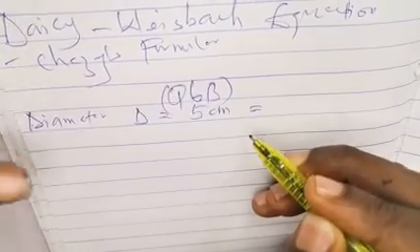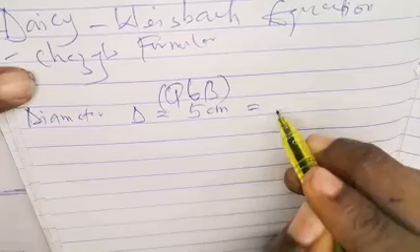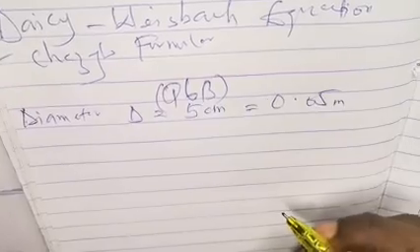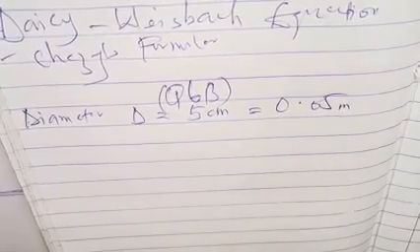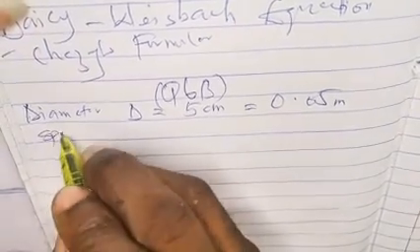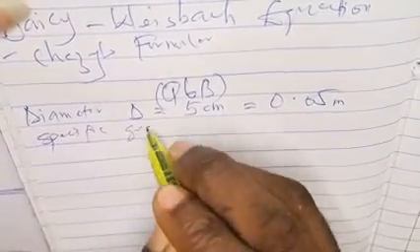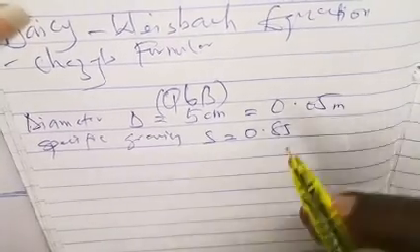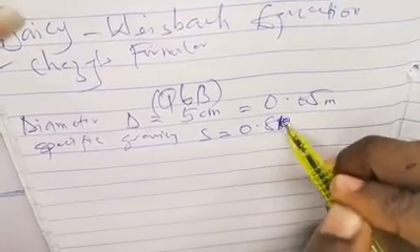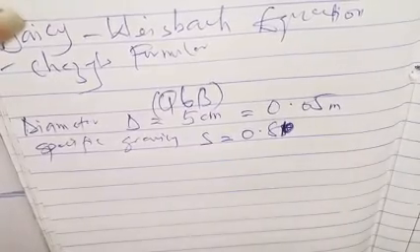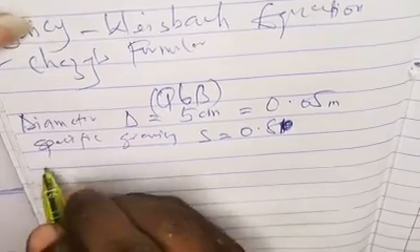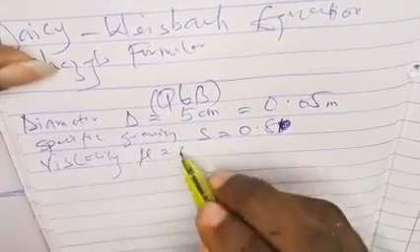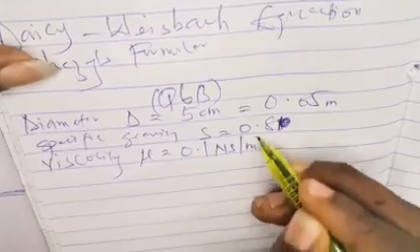We convert this to meters simply by dividing 5 by 100, which gives us 0.05 meters. It conveys oil of specific gravity, so we are given specific gravity S as 0.8. And viscosity 0.1 Newton seconds per meter squared. Of course, this is dynamic viscosity: mu equals 0.1 Newton seconds per meter squared.